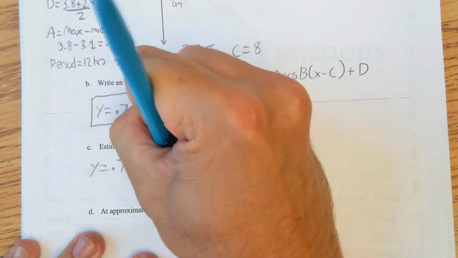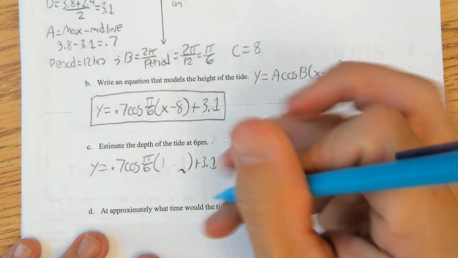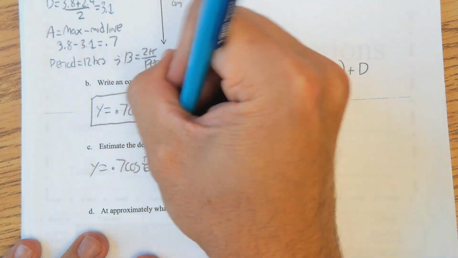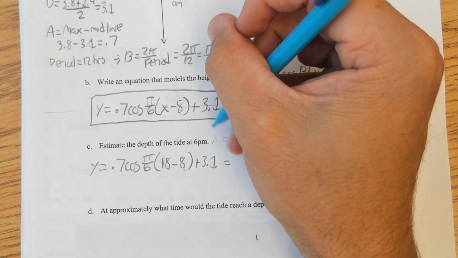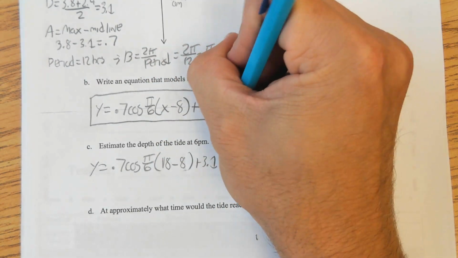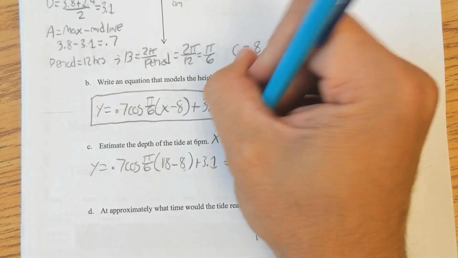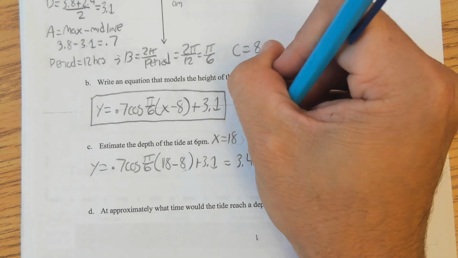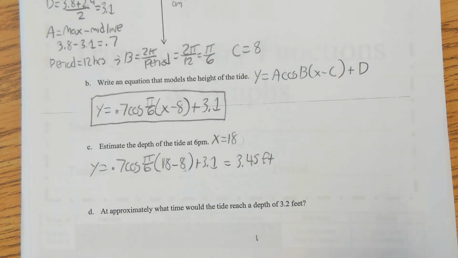We need to treat this equation as correct. We need to treat it as 18 hours as if we're taking it from midnight. So we're assuming this is starting at midnight. So then that would be x equals 18 hours, because from midnight to 6 p.m., you get 18 hours. Because then when you do that, you get 3.45 feet.